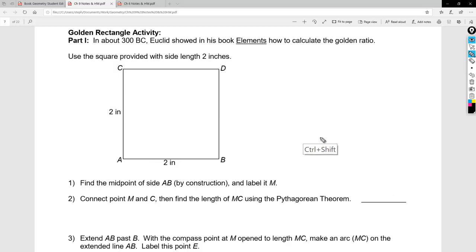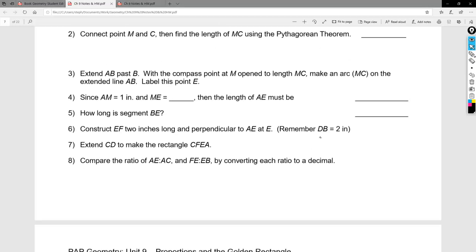So what that means is if AM is 1 and ME is root 5, that means that the length of AE must be 1 plus root 5. So if they're asking what the length of segment BE is, that would be root 5 minus 1. Okay, so we end up constructing this.